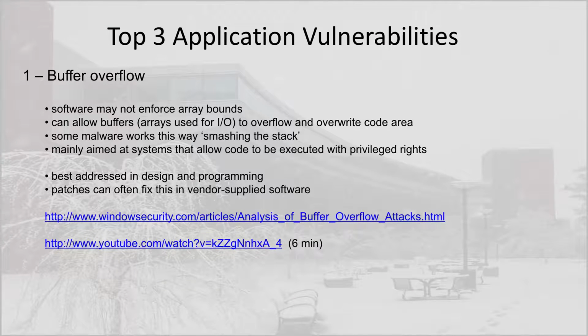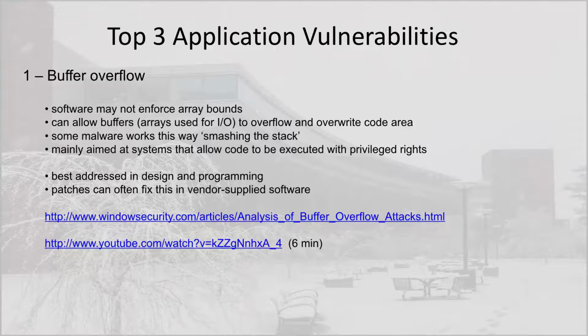I will now illustrate the top 3 application vulnerabilities. These appear quite frequently in CERT lists. The first one is the buffer overflow. This happens when software does not enforce array bounds. It can allow buffers, which are basically arrays used for input and output, to overflow and overwrite code area.